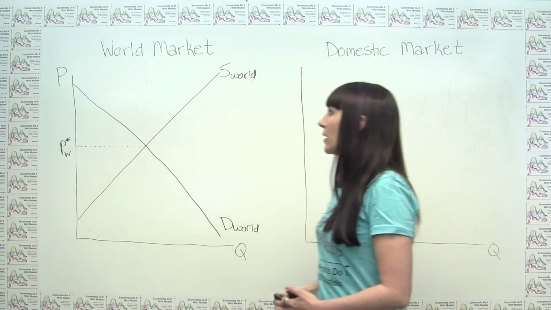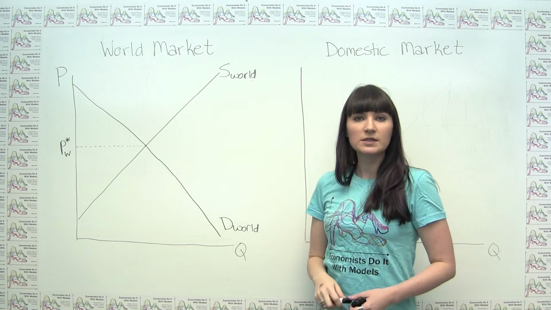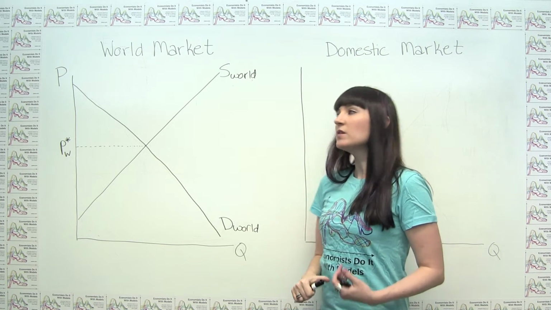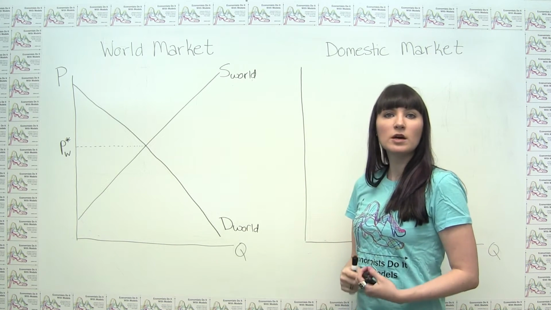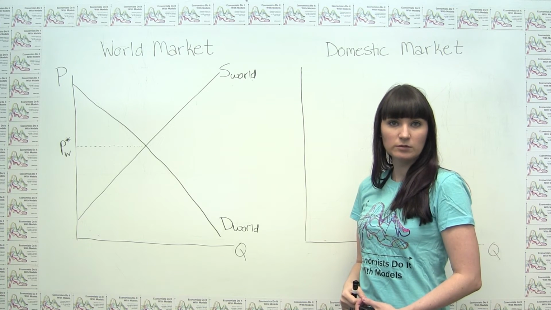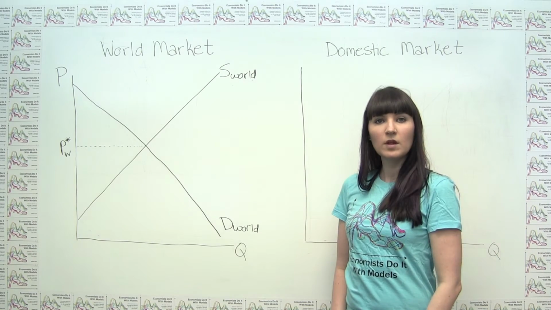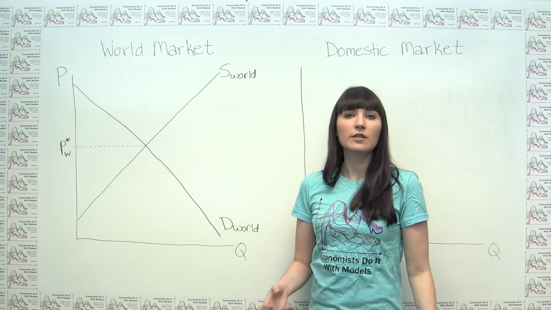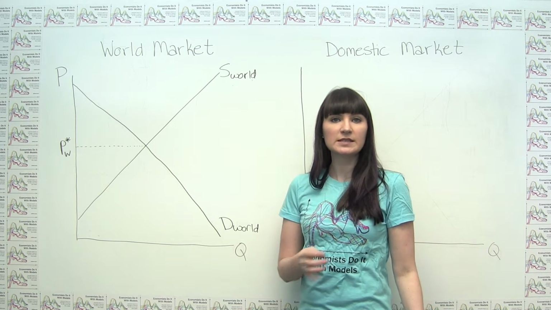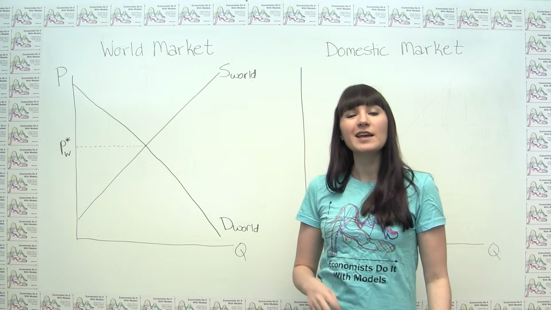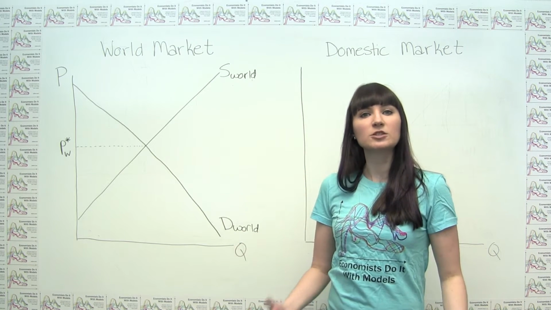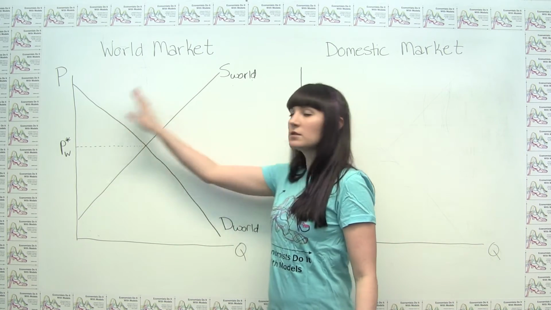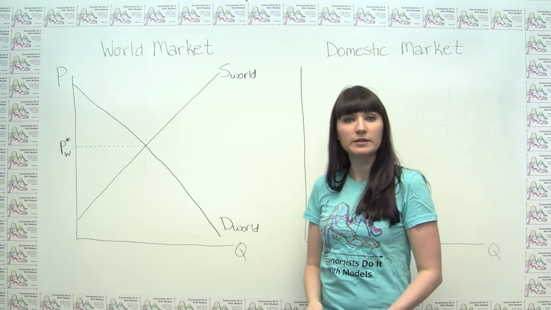Now we can think about why we would be able to take this world price as given, and we think about something called the small country assumption to do so. The small country assumption, not surprisingly, is the assumption that an individual country's supply and demand is very small or even negligible compared to the size of the overall supply and demand in the world market.